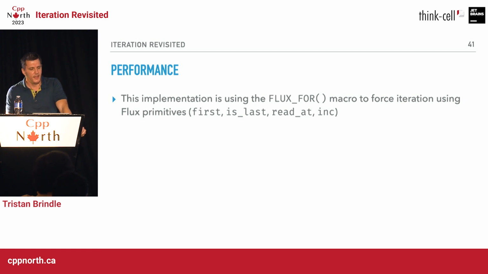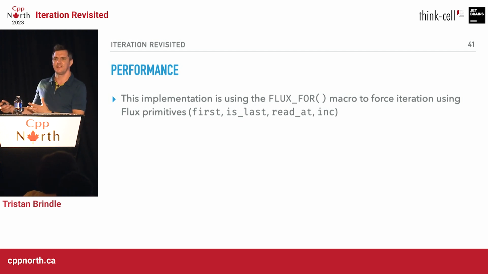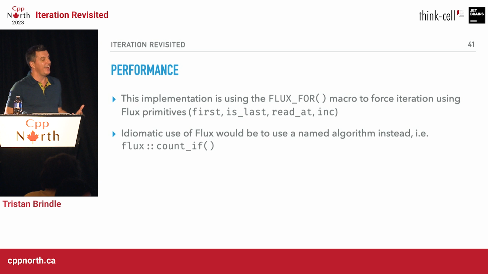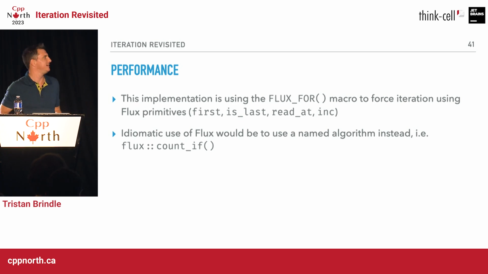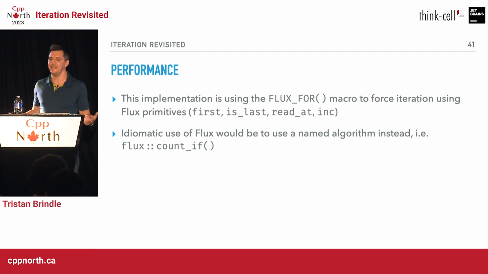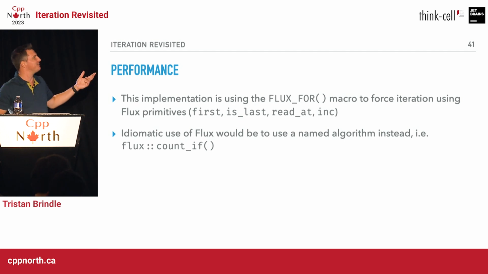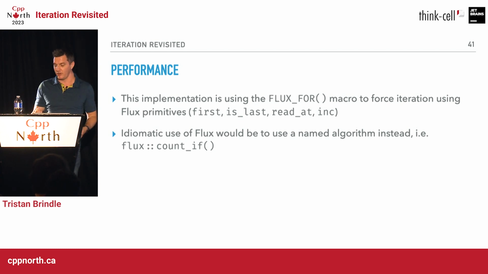But this implementation was using this FLUX_FOR macro. As I say, this is just something I really use for testing. It's not really intended for end users. Because, well, idiomatic use of Flux, if you can have idioms in a new library, I guess I get to define the idioms, right? So idiomatic use of Flux would be to use a named algorithm where one exists.